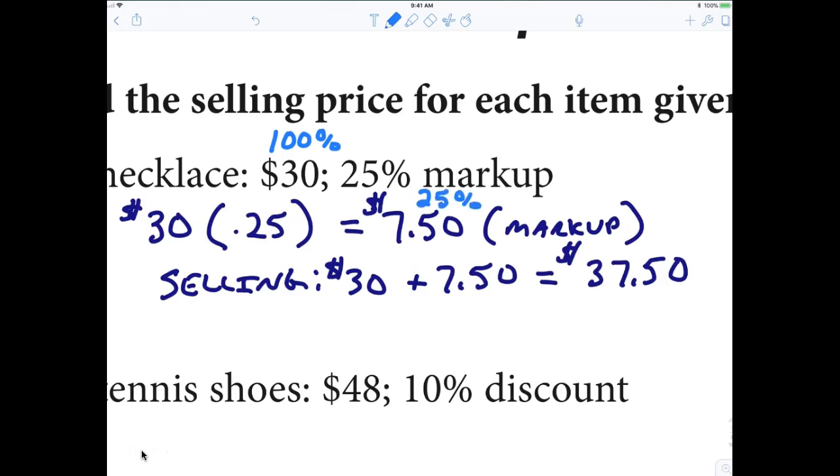That represents 25%. So the person buying it has to pay 100% plus 25%, which means he has to pay 125%.